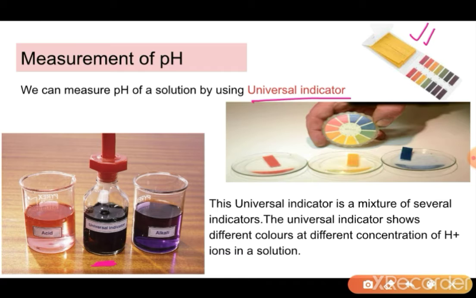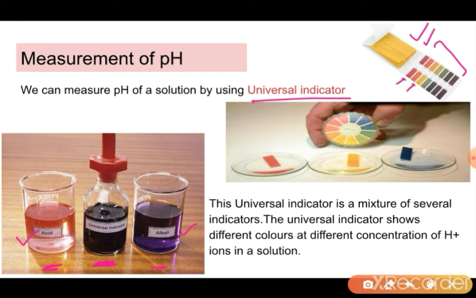It tells us about all the solutions. Now if we add a few drops of this universal indicator to an acid, we see the color change to red. And if we add a few drops to a base, we see the color change to blue.